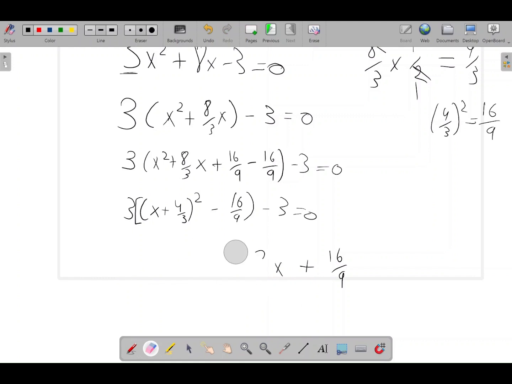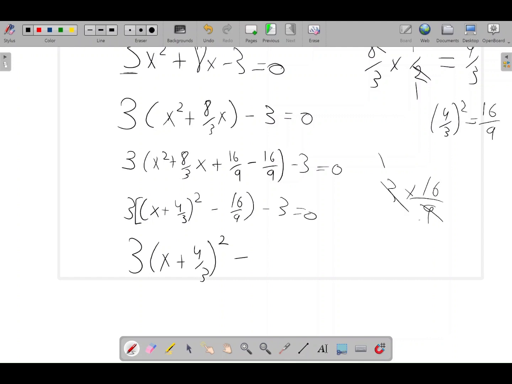So our factoring is correct, and this is where we are so far, right? Okay, now let's just distribute the 3. 3(x + 4/3) squared minus, what is 3 times 16/9? This 3 cancels with this 3, 16/3. Minus 16/3 minus 3 equals 0.